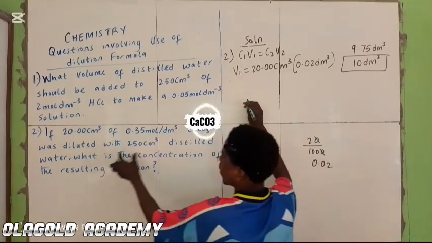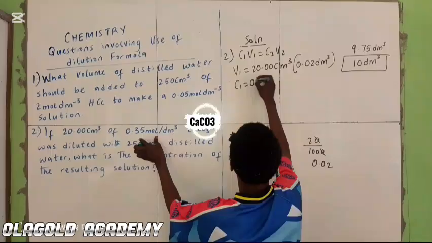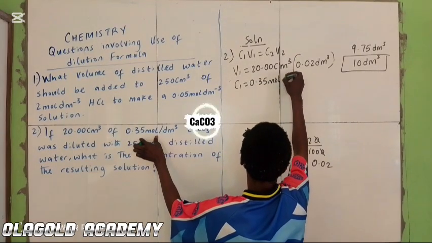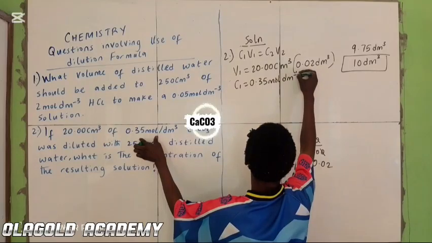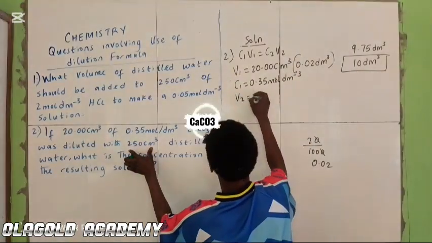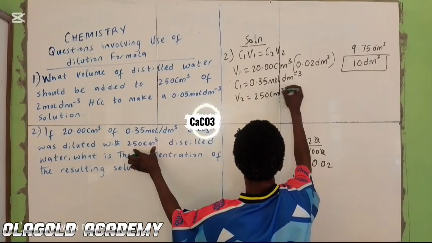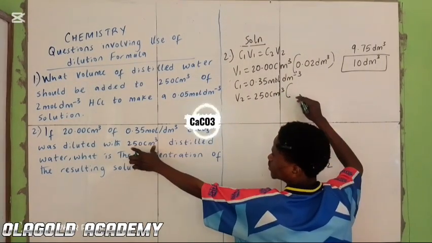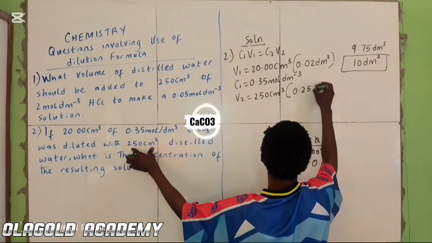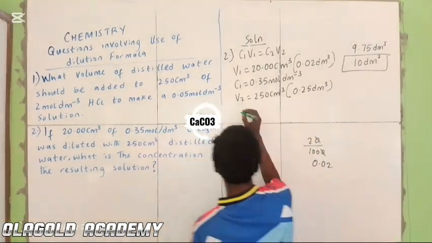All right, our C1, which is our first concentration, is what there? 0.35 mole per dm cube. All right, our V2 equal to 250 cm cube. Converting this to dm cube, we are going to have what there? 0.25 dm cube.